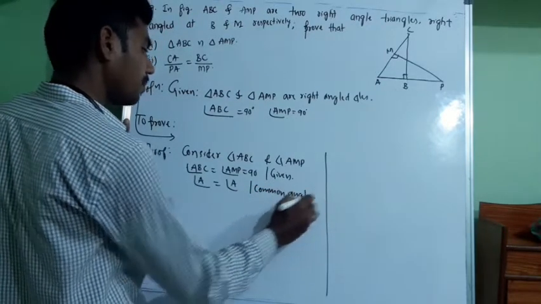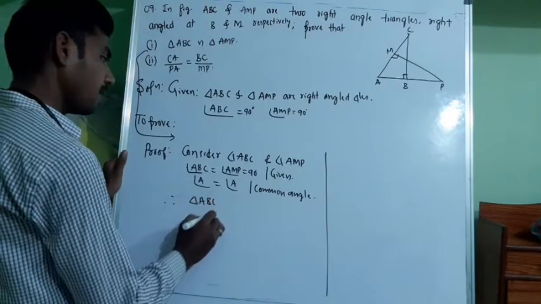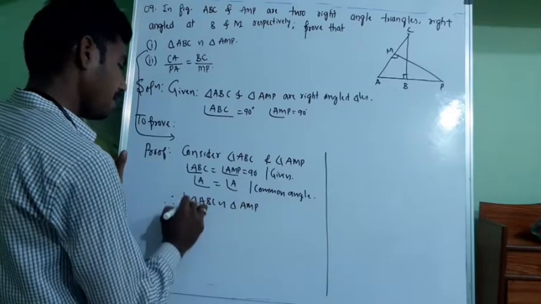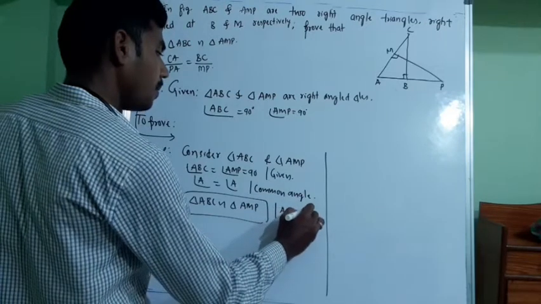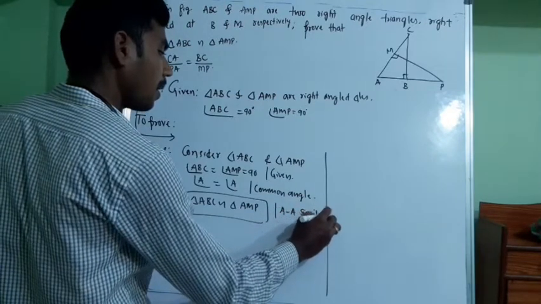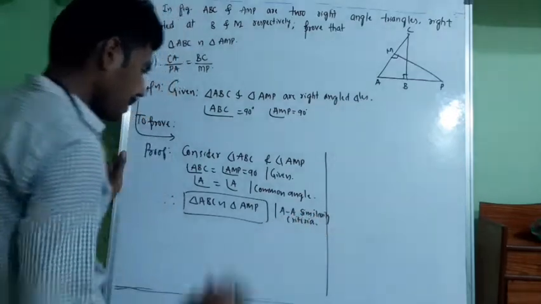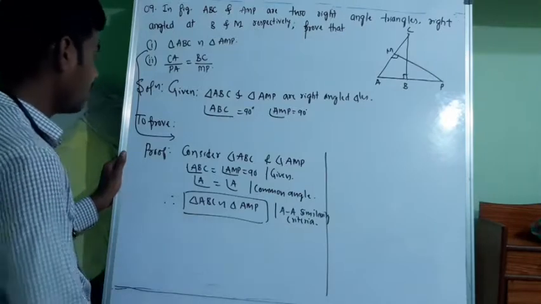Therefore triangle ABC is similar to triangle AMP. This is because of the AA similarity criteria.